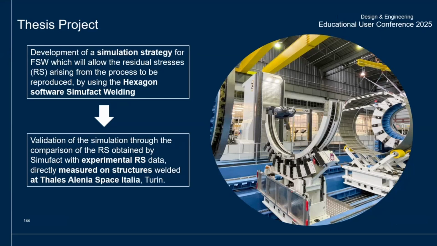The main aim of the simulation itself was to reproduce as well as possible the residual stresses that arise inside the welded materials after the process. In order to validate the simulation once developed, a comparison between experimental data and digital data has been held. The experimental data available were residual stresses directly measured on structures, in particular pressurized modules, worked through friction stir welding in Thales Alenia Space company.